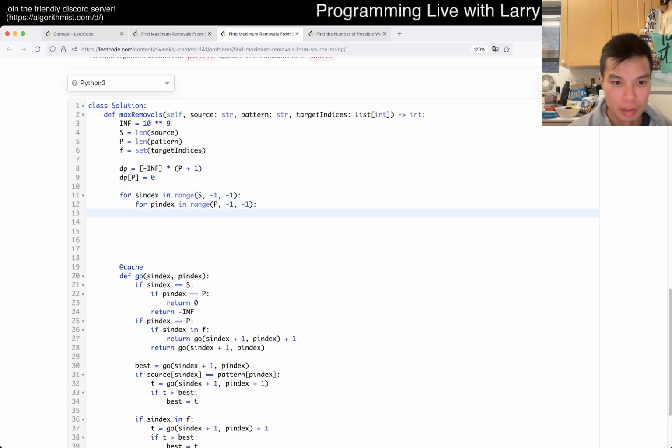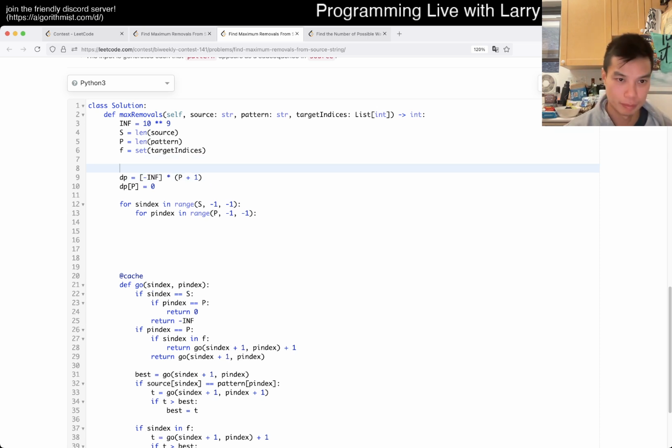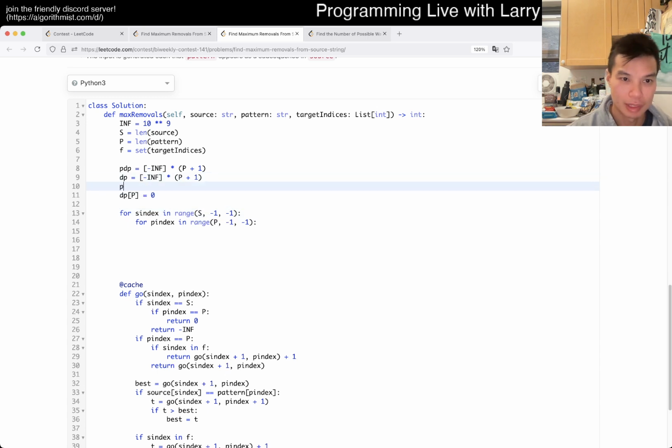And then now, yeah, okay. Am I prematurely optimizing? Probably. I guess this part is pretty straightforward, actually.